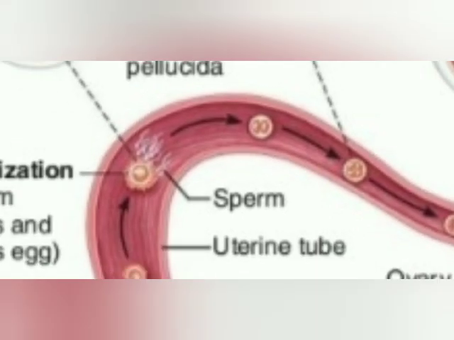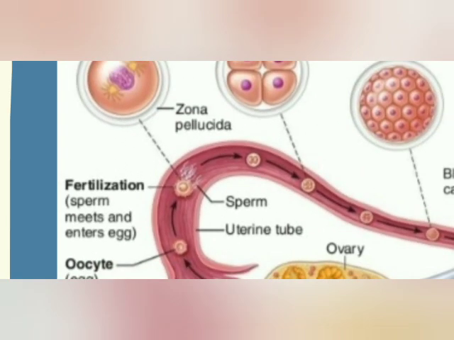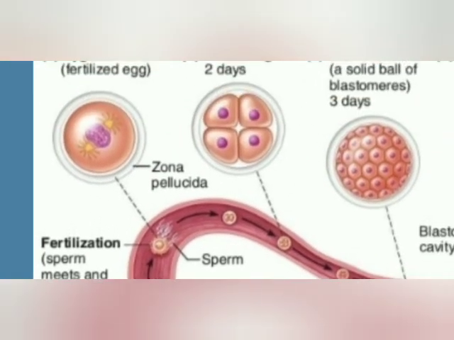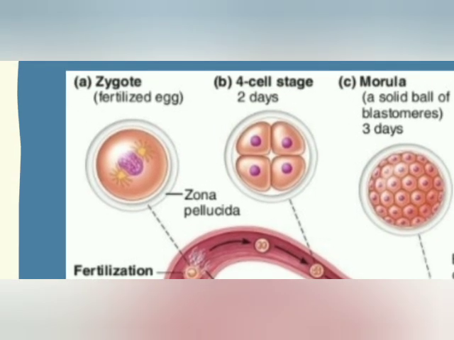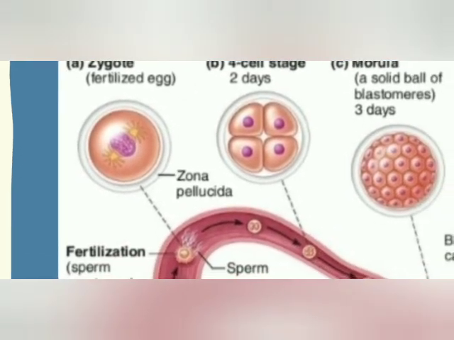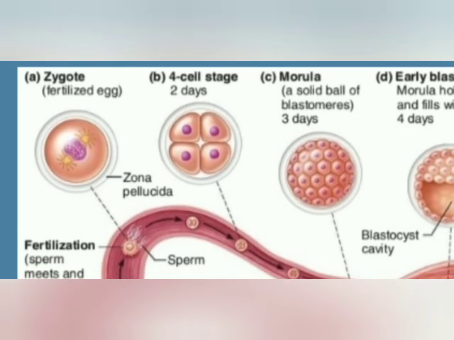As we can see, the sperm is trying to break into the egg cell. After that, it forms a zygote, or the fertilized egg. After 2 days, it undergoes mitosis. As we can see, it divided into 4.